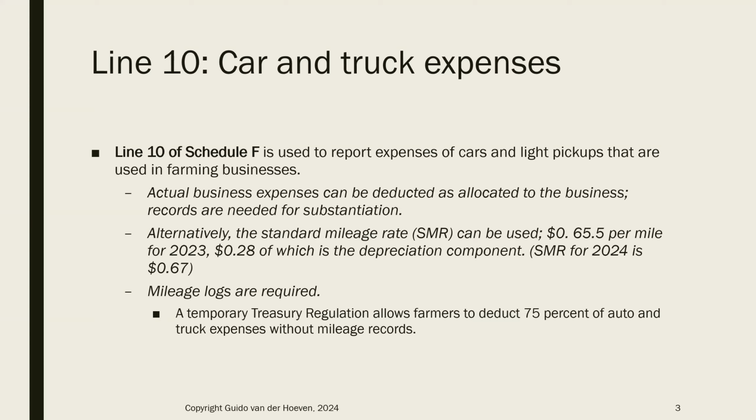Now, broadly, mileage logs are going to be required. But having said that, and because we're talking about taxes, there is a temporary Treasury regulation that's been around for about 40 years.